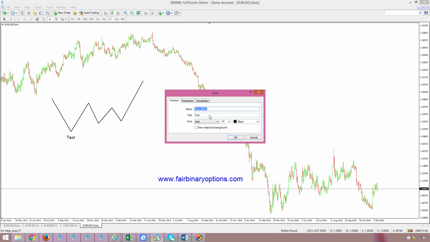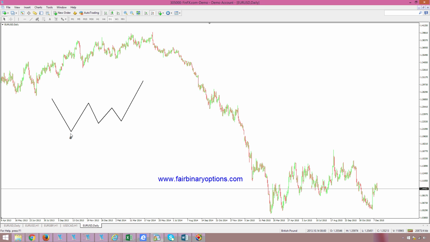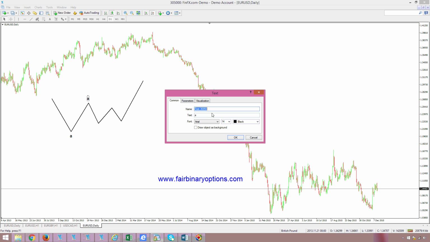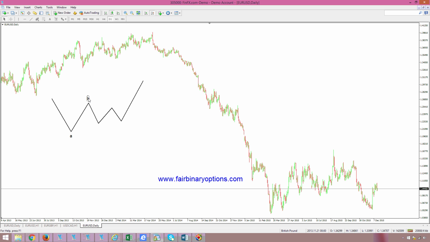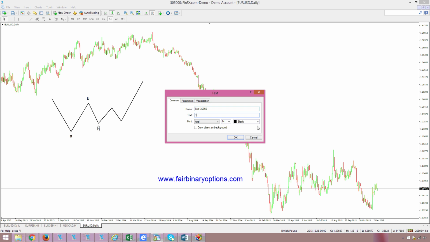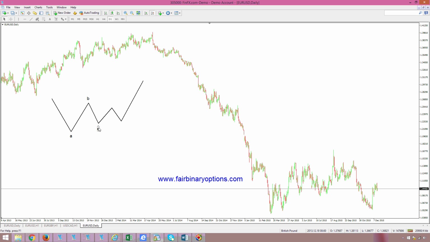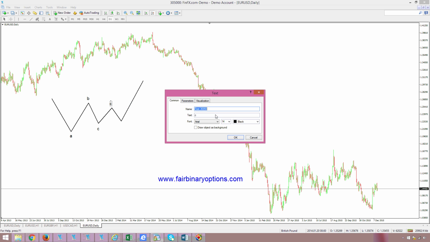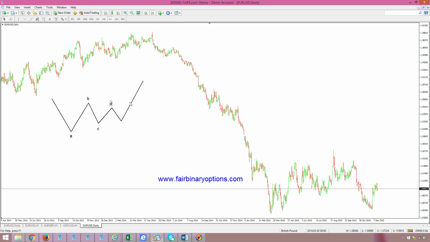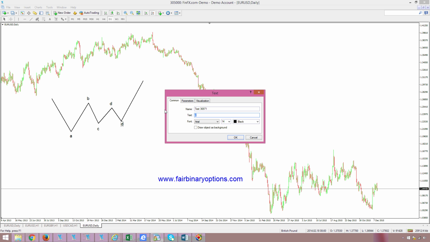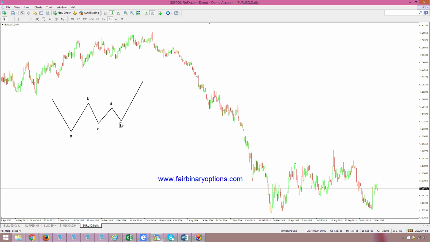So this would be wave A, this would be the B wave, then we have a C wave to the downside, A, B, C, D, and E.